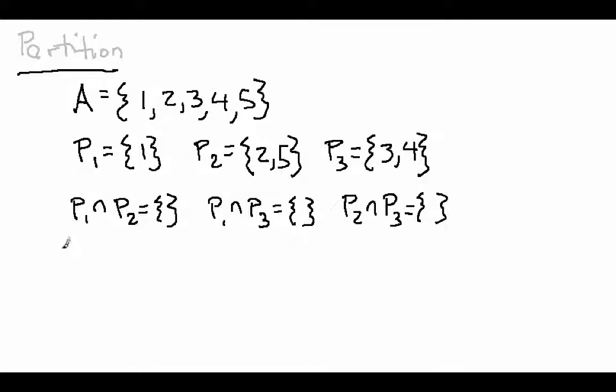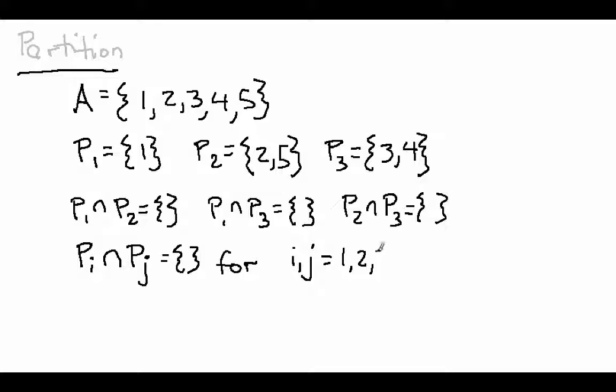So basically I'm going to make a general statement here, and I am going to say that Pi intersection Pj is equal to the empty set for i, j equal 1, 2, 3, and i doesn't equal j. In other words, what I'm claiming here is that this statement right here is saying exactly the same thing as this statement right here. Okay, and I hope that that's clear.